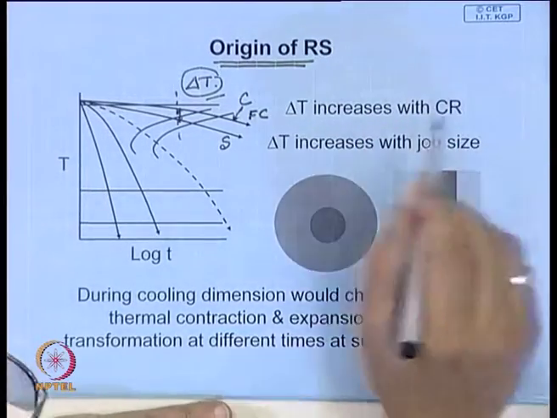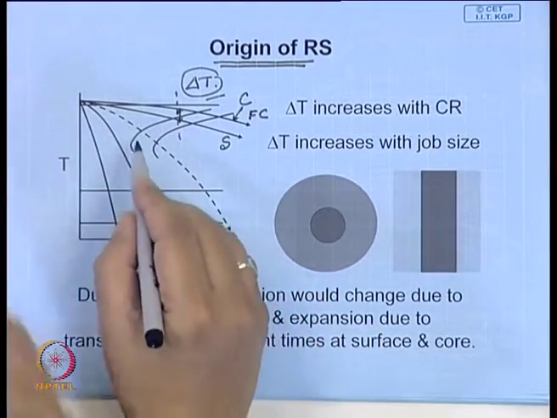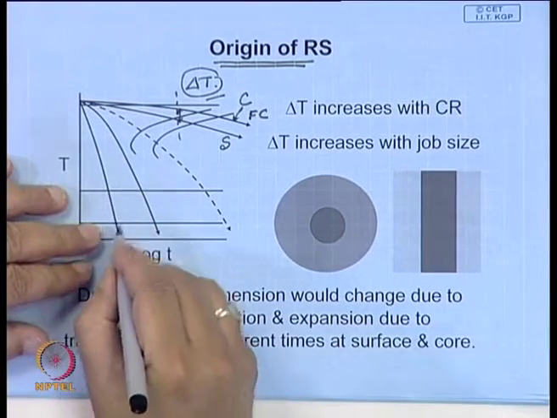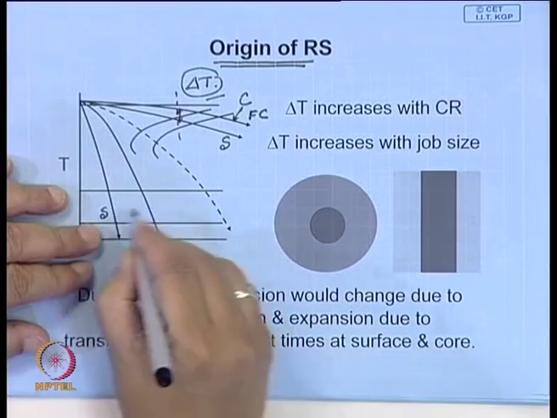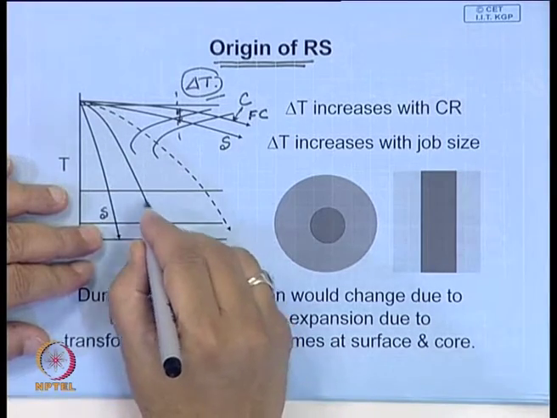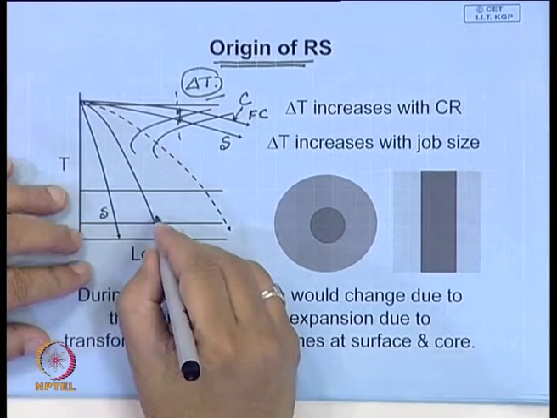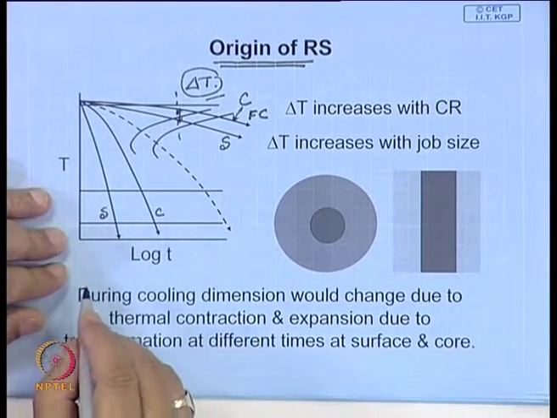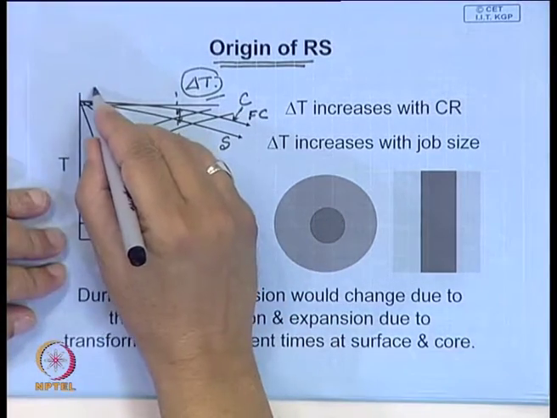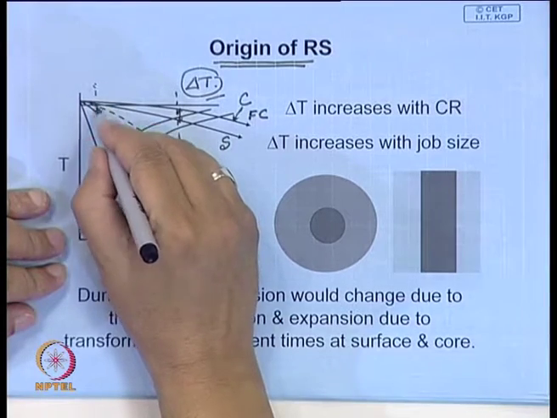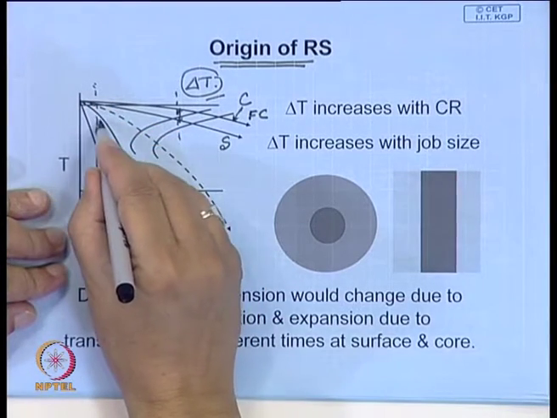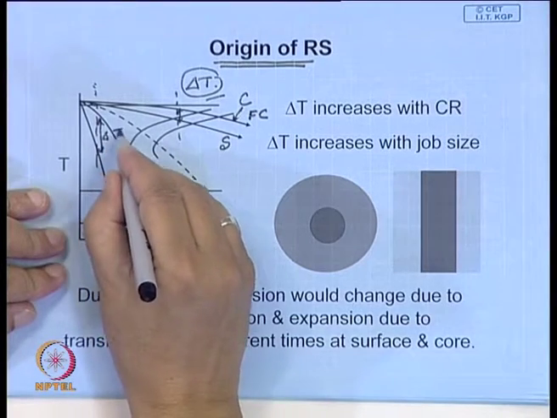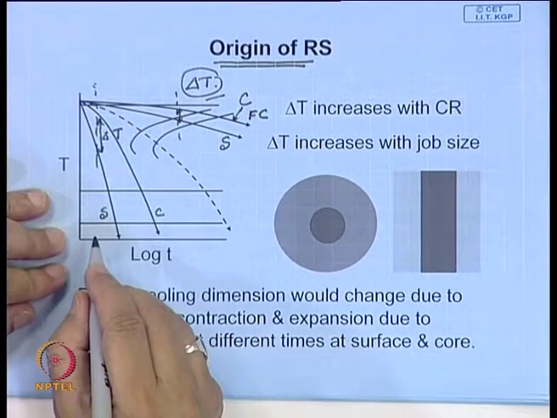Now, look at what happens if you are quenching in water. If you quench in water, this is the surface temperature cooling rate, this is the center. And here, at any time, this is the temperature difference.